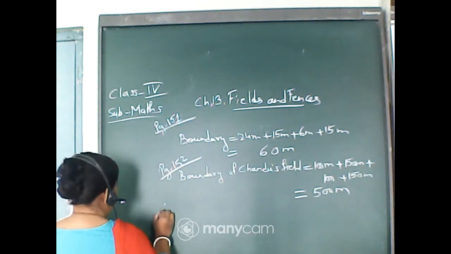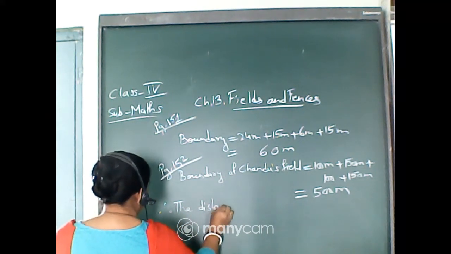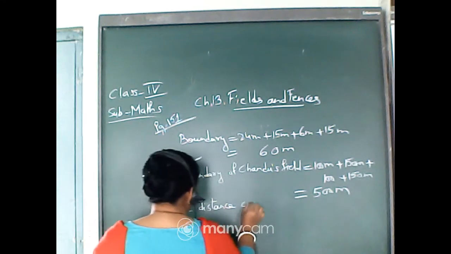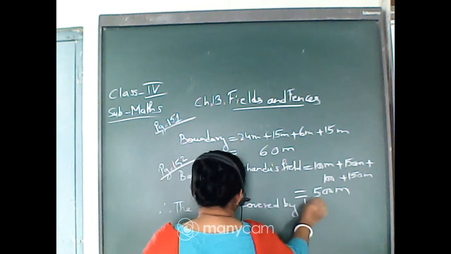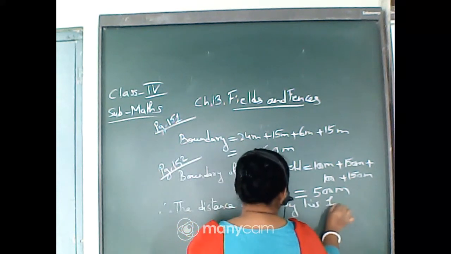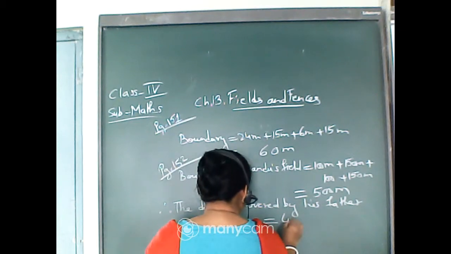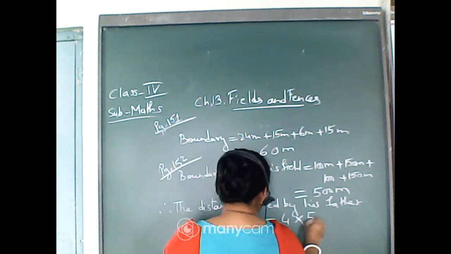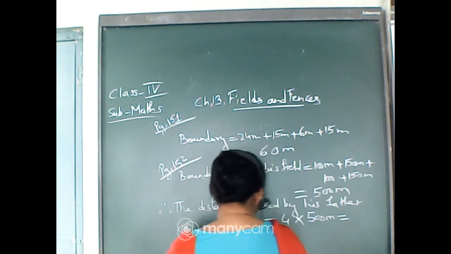So you will write, therefore the distance covered by his father is equals to 4, since he is making 4 rounds, so 4 into 500 meters, so 4 5s are 20, isn't it?